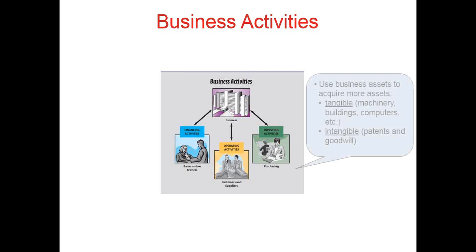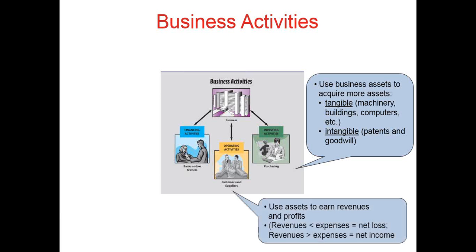And that includes what are called intangible assets, things that you cannot touch. Patents, franchise agreements, those sorts of things. Operating activities are what we're in business to do, and financing activities is how a business obtains funds.